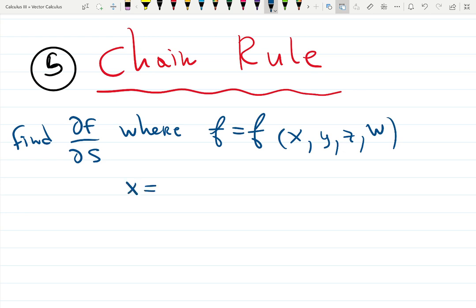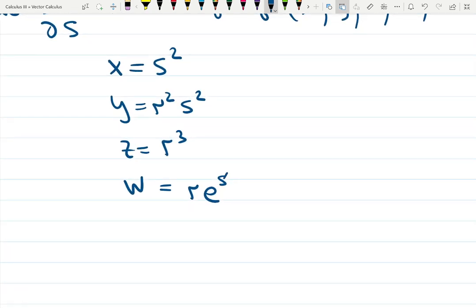And each depends on 3 variables. x is s squared, y is r squared s squared, z is r cubed, and w is r e to the s. Actually, I don't need to have a diagram to understand it, to be honest.